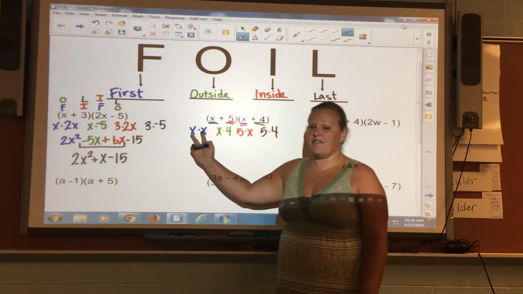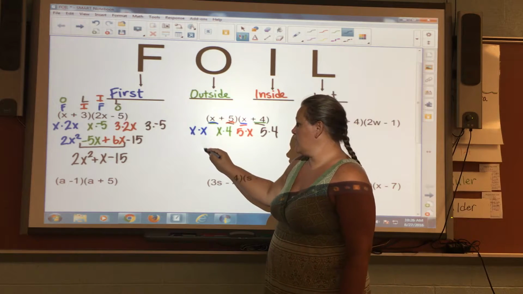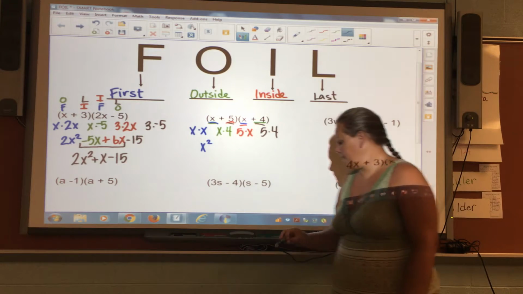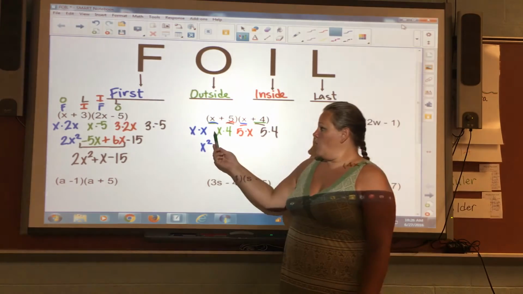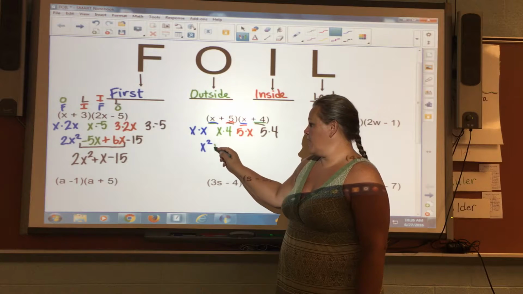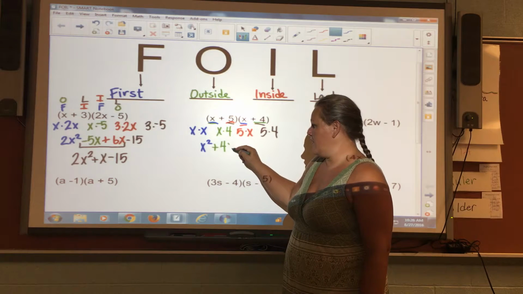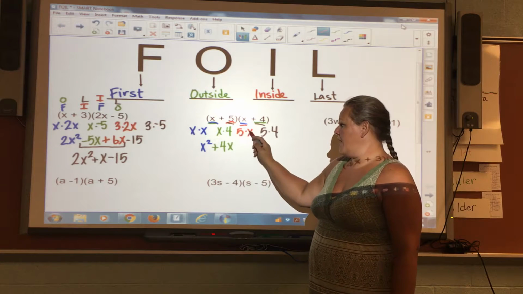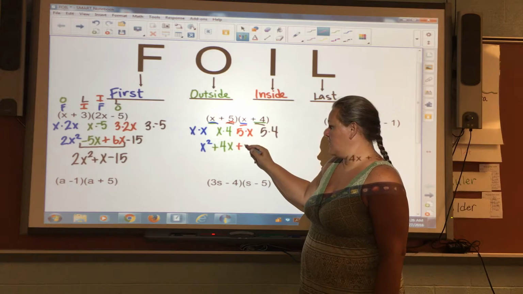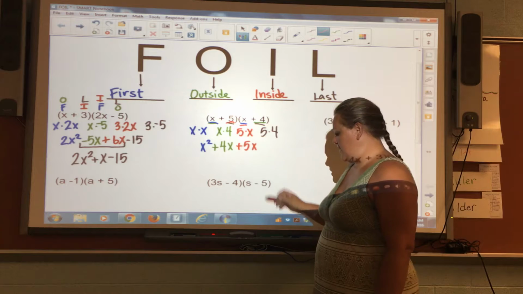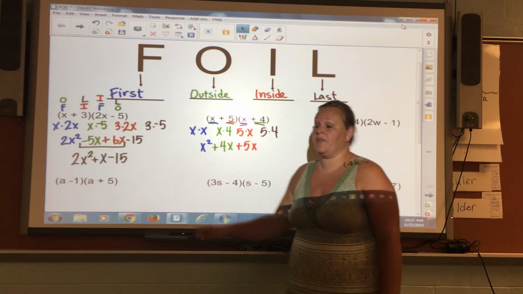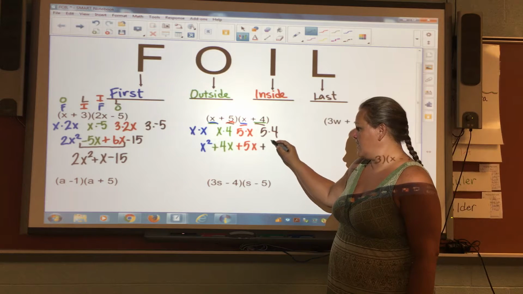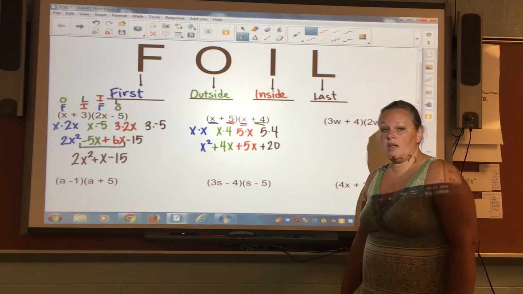So again, we have the same base, so we will keep it and add the exponents. 1 plus 1 gives us 2. 1 times 4 will give me a positive 4, and the x will just tag along. 5 times 1 gives me a positive 5, and again, the x will just tag along. And then 5 times 4 will give me a positive 20.